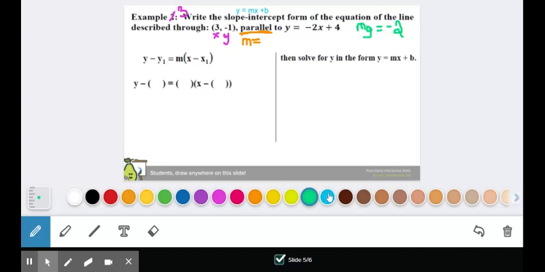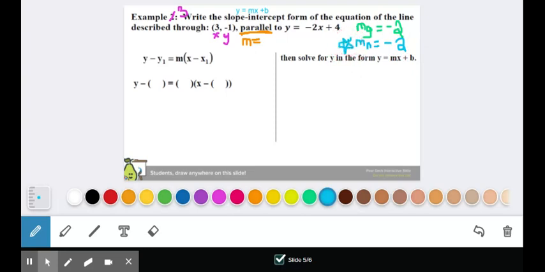And then my m sub n, my new slope, new and improved, remember it's parallel. Parallel lines are equal. Parallel lines have equal slopes, so it's also going to be -2. So I have my slope for my new line.